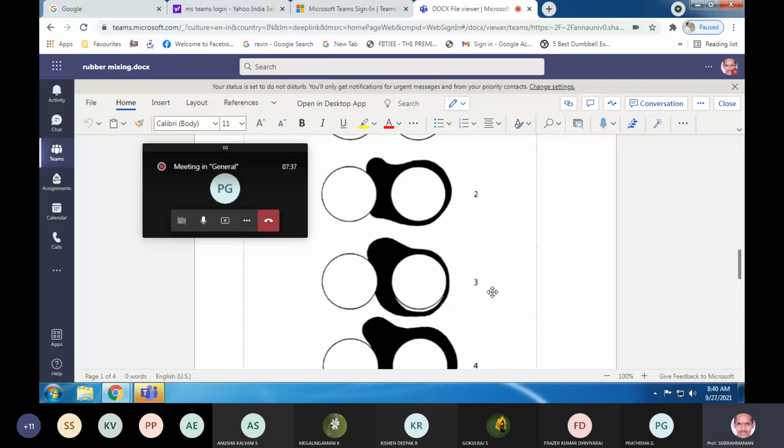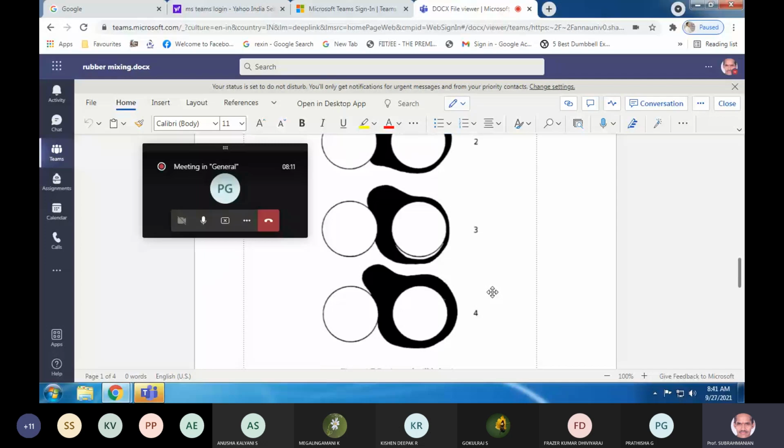What is our understanding of dispersion? The components of the rubber compound are added to the rubber in the ratio, whether we sample the entire quantity or at the micro level, the relative proportion must be the same as the formula quantity. So that is what we call dispersion.